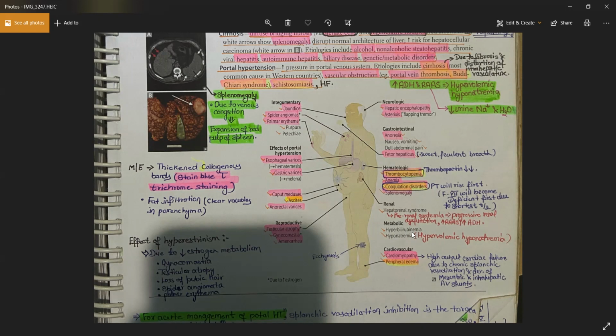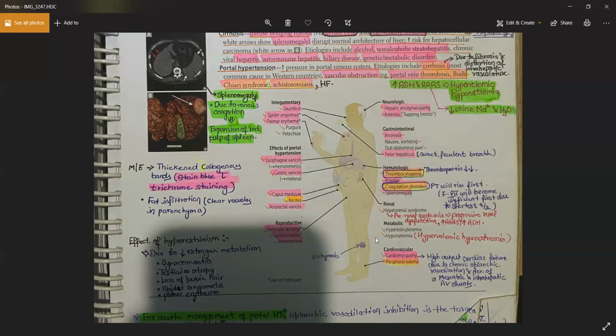Why is the hyponatremia happening? Hepatorenal syndrome. Because of the hypervolemia, and what is hepatorenal syndrome? See, it's nothing but, because of the hypovolemia, you are having an activation of the RAS, right?